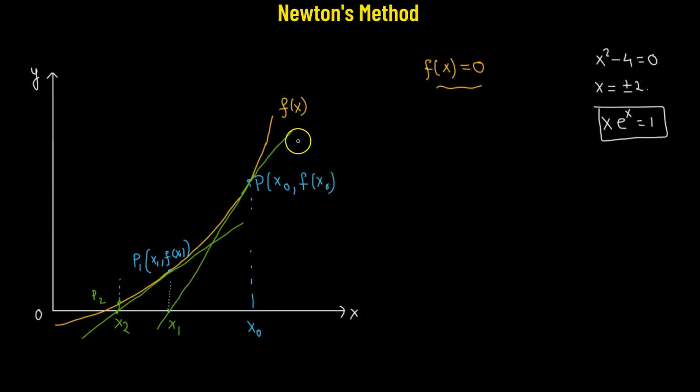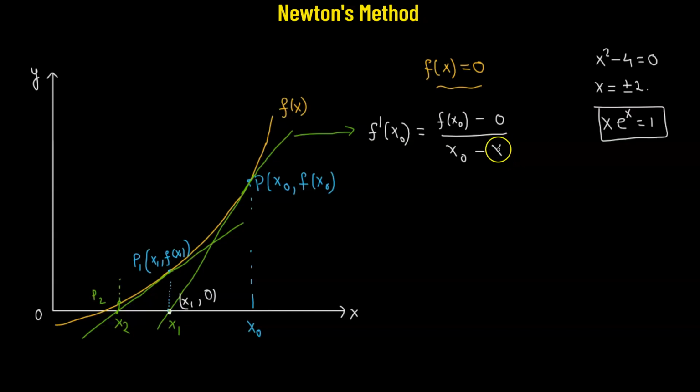First we consider the first tangent line and find its slope. The slope will be given by f prime of x, calculated at the point x naught. So the slope at the point P equals the change in y value, f of x0 minus 0, since the coordinate of this point is x1 comma 0, divided by the change in x value, which is x0 minus x1.